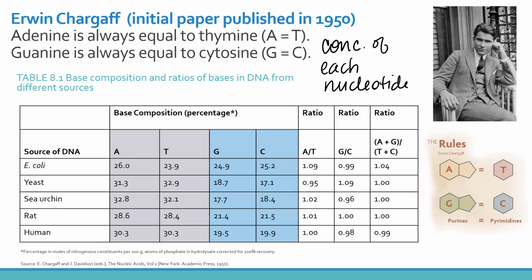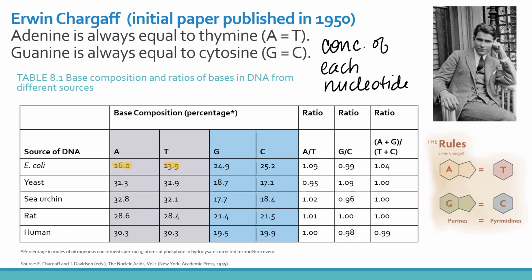He noticed that the percentage of adenine by weight was always the same as the percentage of thymine by weight. And so if we look at E. coli here, we've got 26% of our sample of DNA is adenine and 23.9% is thymine. So these are relatively close.